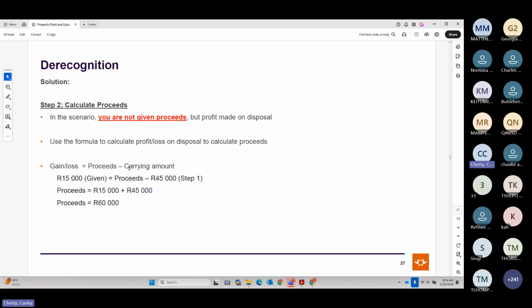The carrying amount was 45,000 Rand. If we rearrange this equation, the proceeds can be calculated by taking the gain of 15,000 Rand plus the carrying amount of 45,000 Rand. That gives us proceeds of 60,000 Rand.